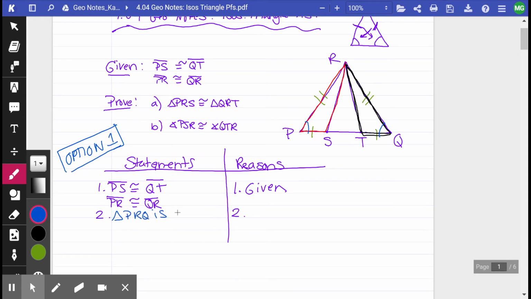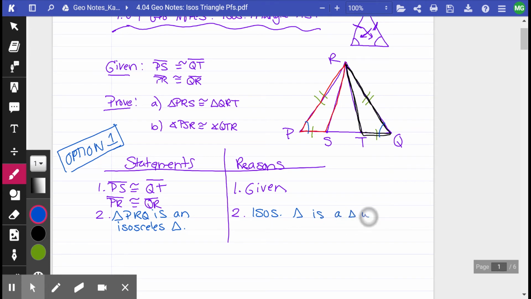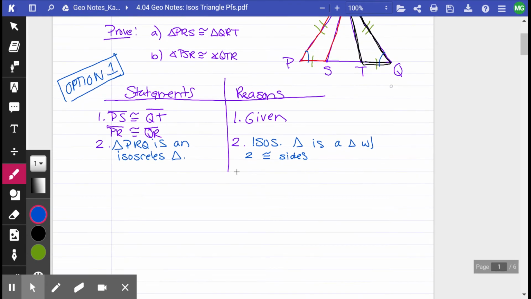So option one is to first say now that triangle PRQ is an isosceles triangle. And you can abbreviate ISOS. And the reason is an isosceles triangle is a triangle with two congruent sides. So by definition, an isosceles triangle has two congruent sides.